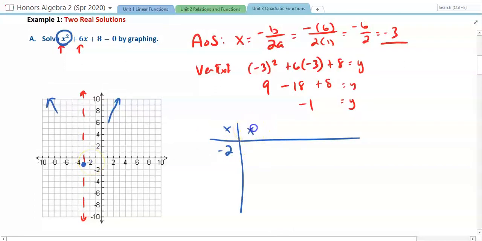And so we're plugging that into x squared plus 6x plus 8. And so we get negative 2 squared plus 6 times the negative 2 plus the 8. Negative 2 squared is 4. 6 times the negative 2 is negative 12. And add to the 8. All that added together gives us 0. And so I end up with a point at negative 2, 0.